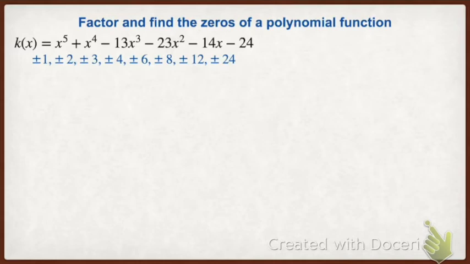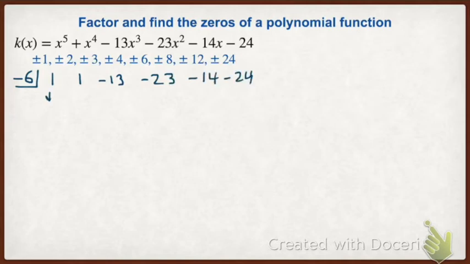So let's find our lower bound. I am going to start with roughly halfway through, which is negative 6. So I'm going to use synthetic division and see if this is a lower bound. So we have 1, 1, negative 13, negative 23, negative 14, negative 24. And I do synthetic division to see if this is indeed a lower bound.